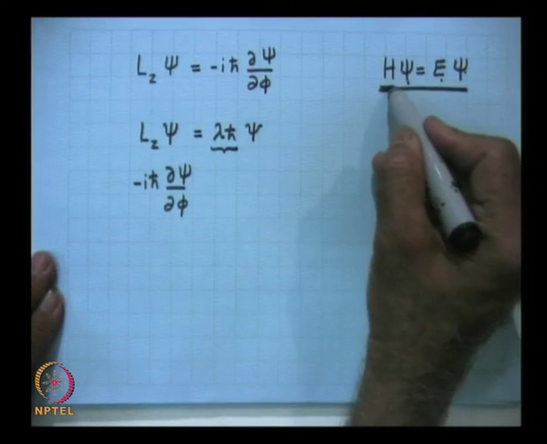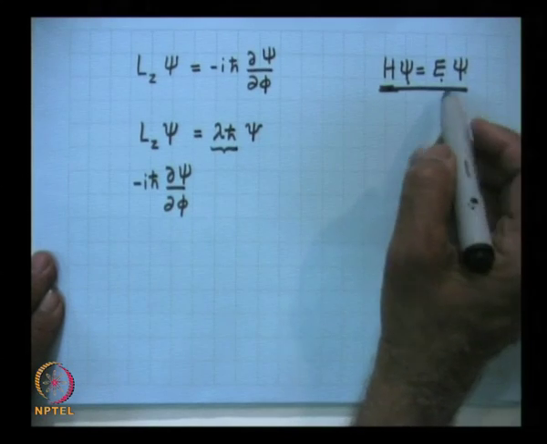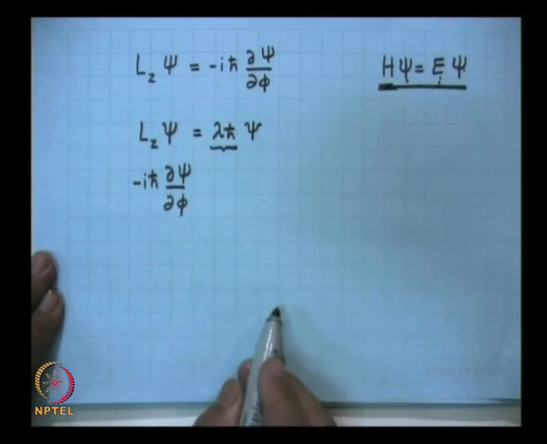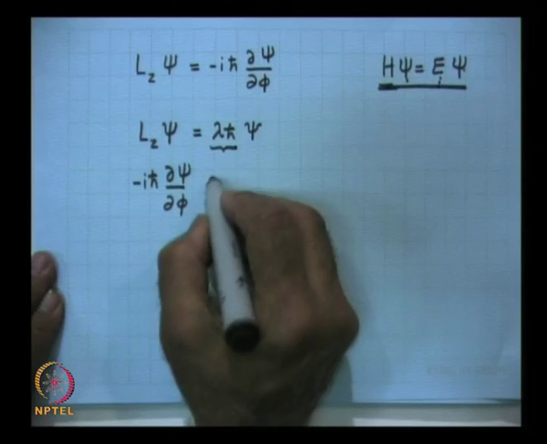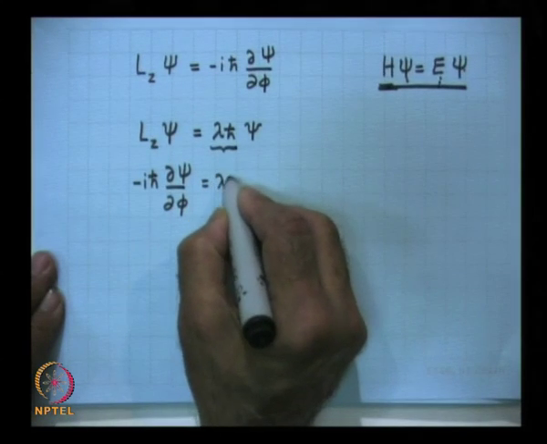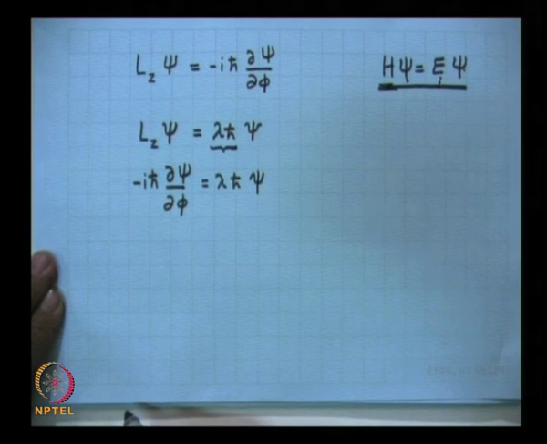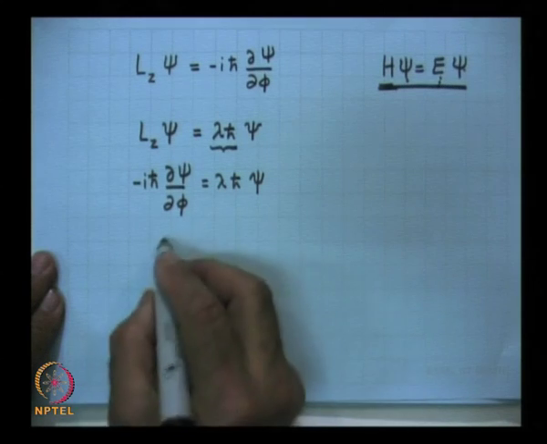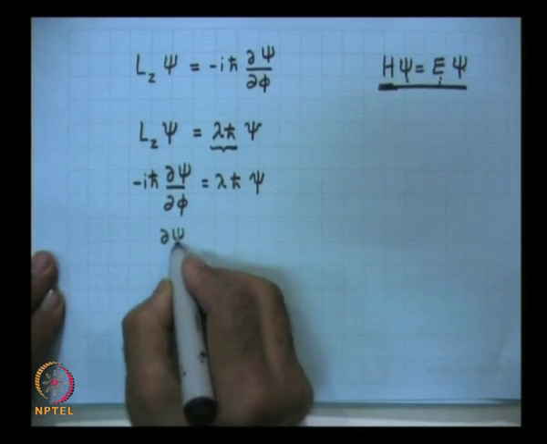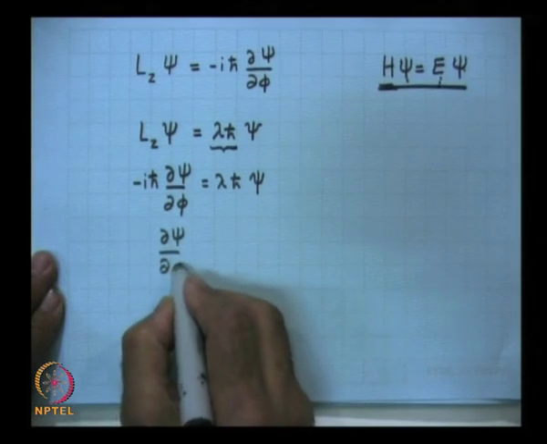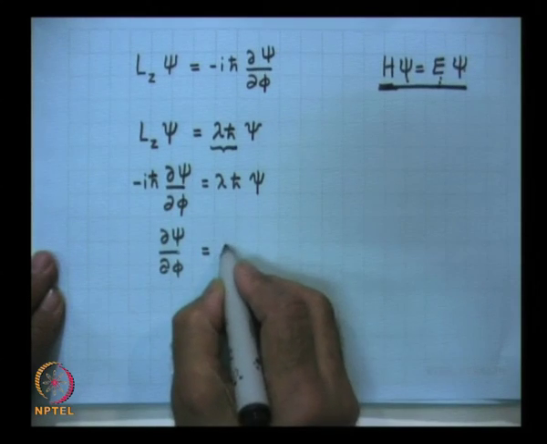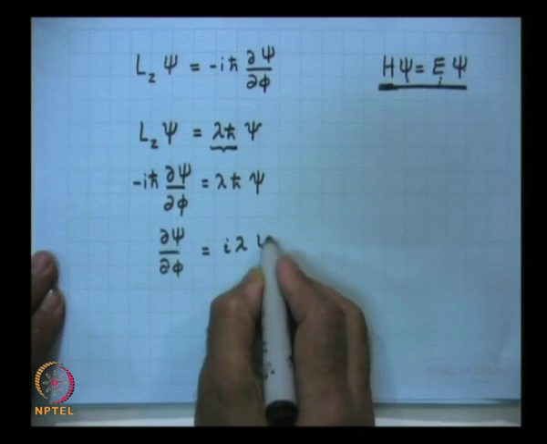The eigenvalues of the Hamiltonian that we have been solving till now are the energy given by E. So, this is equal to lambda h cross psi, h cross cancels out. If I multiply both sides by i, then I get delta psi by delta phi is equal to i lambda psi.